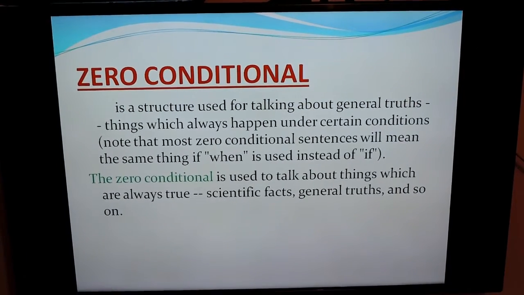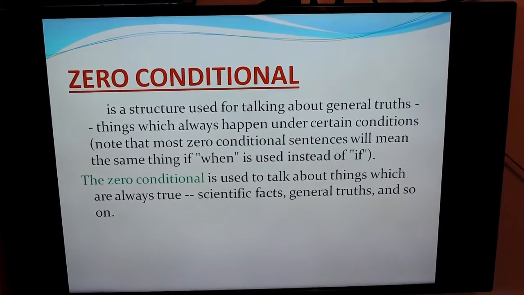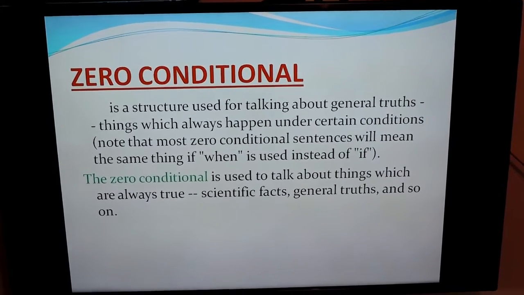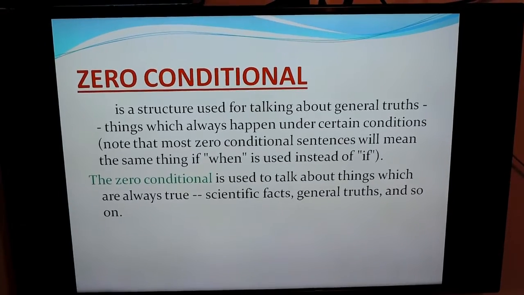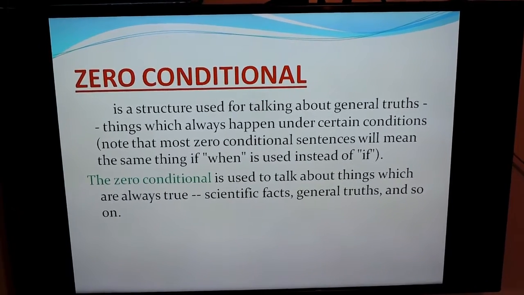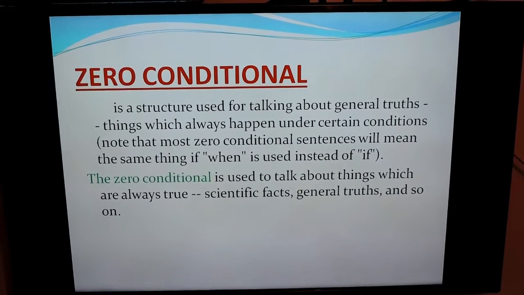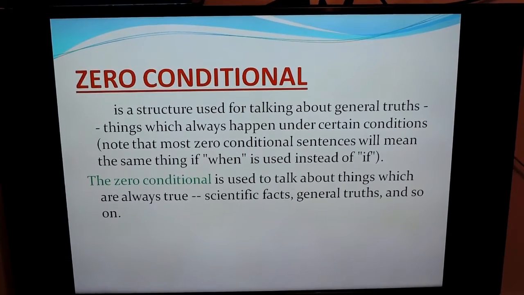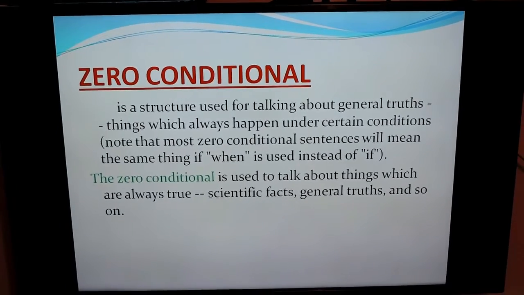Of course, most teachers don't teach the first type, but it's an opportunity for you to know the zero conditional, which is type 0, as you can see here. It is a structure used for talking about general things, things which always happen under certain conditions.